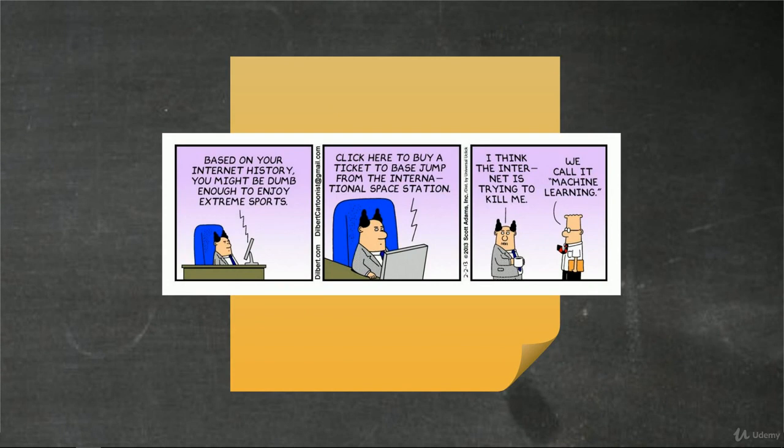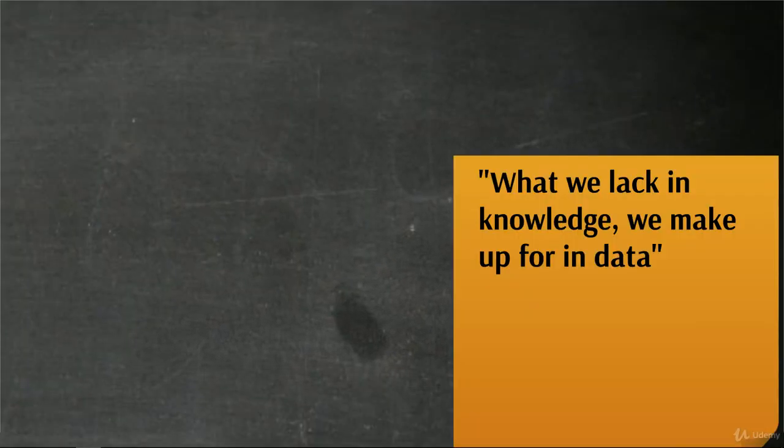And in this strip, we have an individual who is interacting with a computer, doesn't know quite what it's doing, and as a result, the term machine learning is applied to it. There's plenty of sci-fi movies out there that have claimed that AI and machine learning algorithms are going to try to kill us. But that isn't actually the case, so let's hopefully clear up some of those misconceptions so that we don't have to just use the buzzword machine learning whenever we don't understand what our computer is doing.